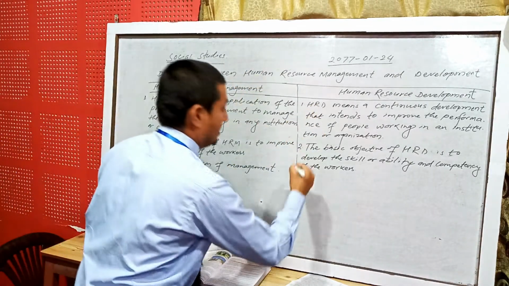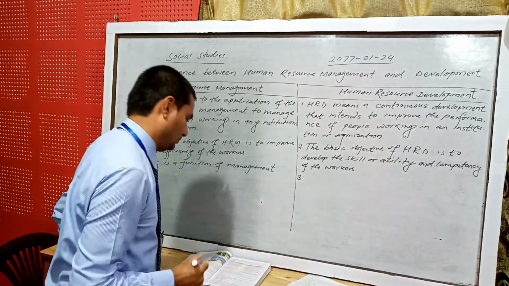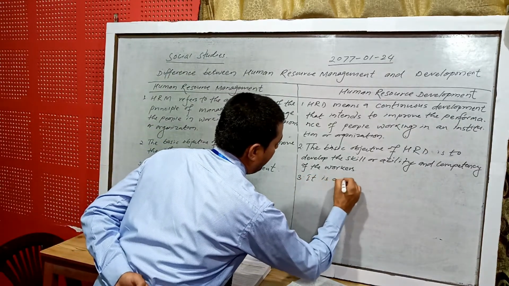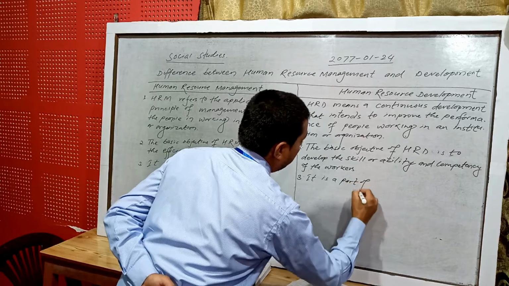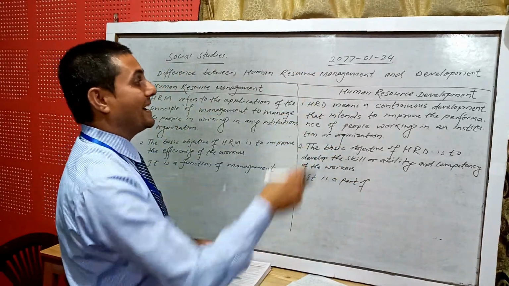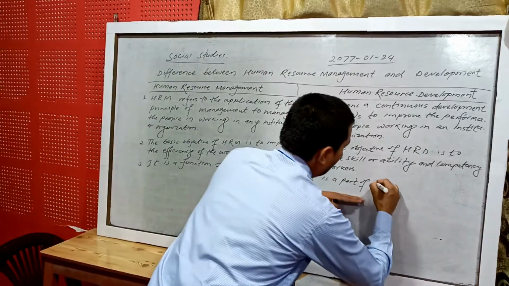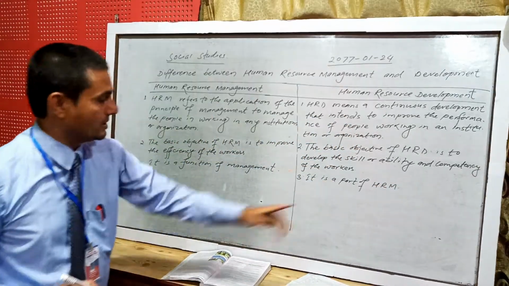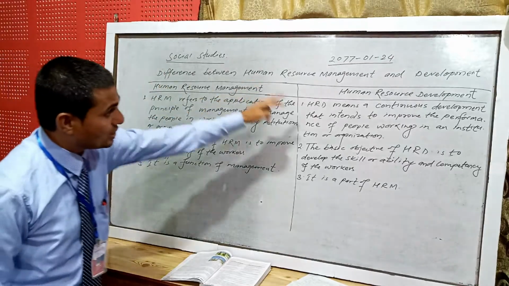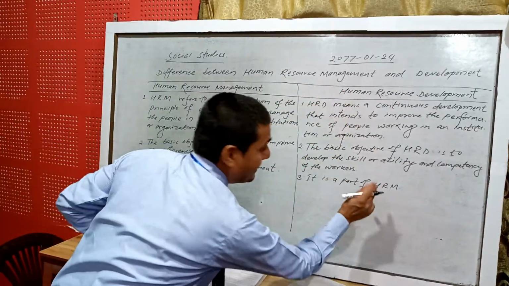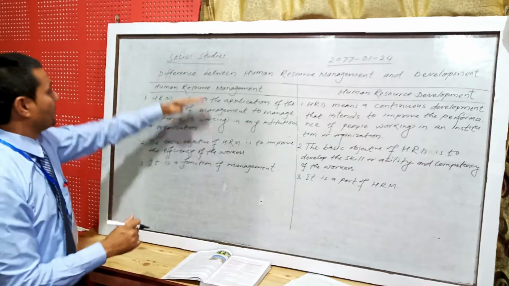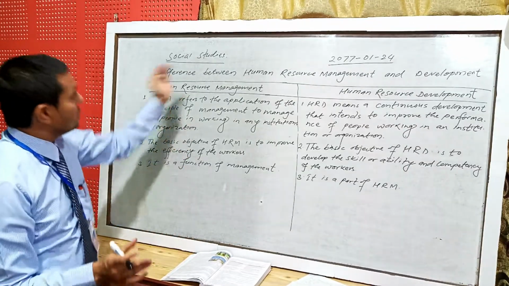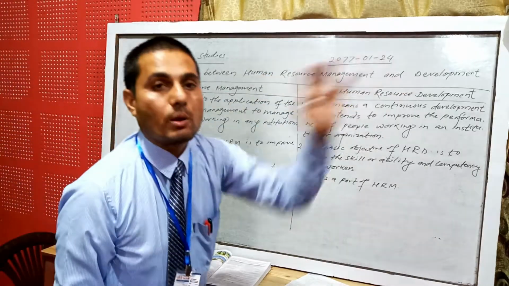And HRD is a part of HRM. Dear students, be clear. Human resource development is only a part of human resource management. So human resource management is a broader term. So under the human resource management, human resource development comes.